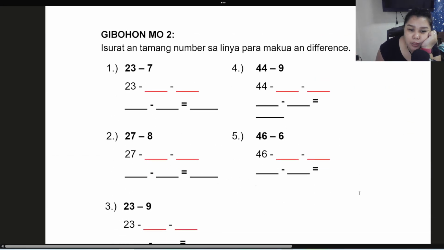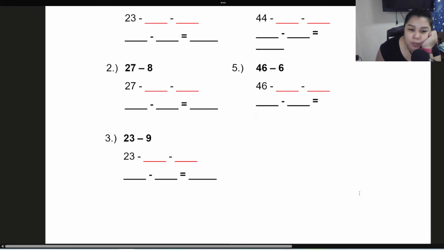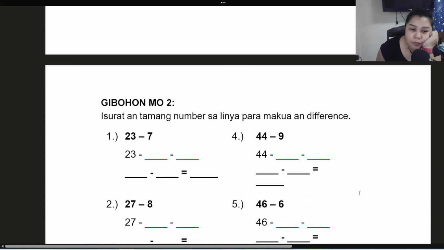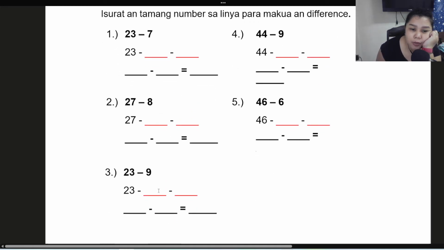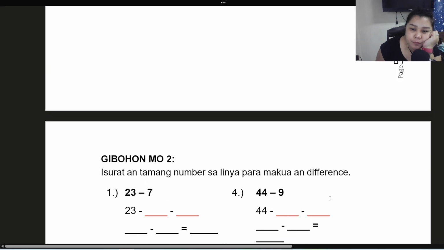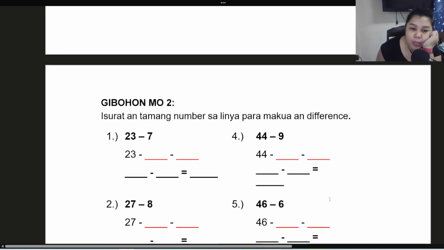And this is what you have to do for this one. So, 23 minus, si ones naman, equals blank. And then, paano gagamitin ang blank? Parang may kulang.